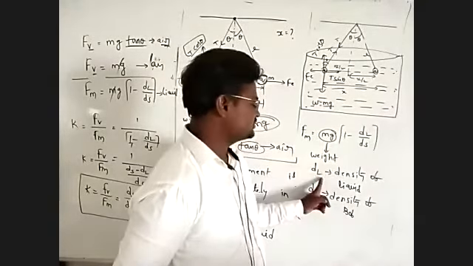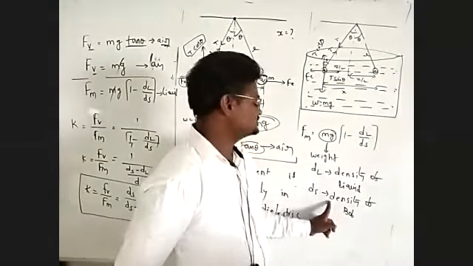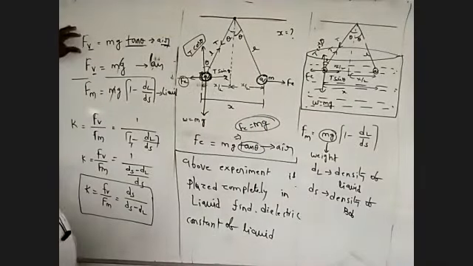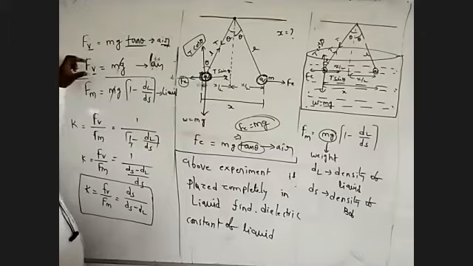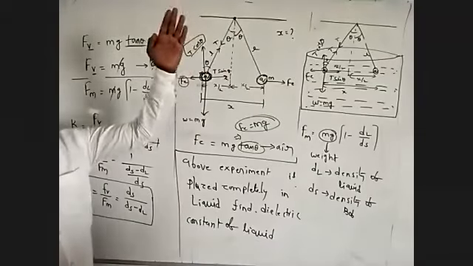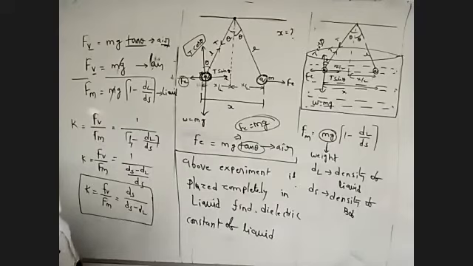Mg means weight, dl means density of liquid, ds means density of bulb. One equation belongs to the experiment in air, the other to the experiment in liquid.